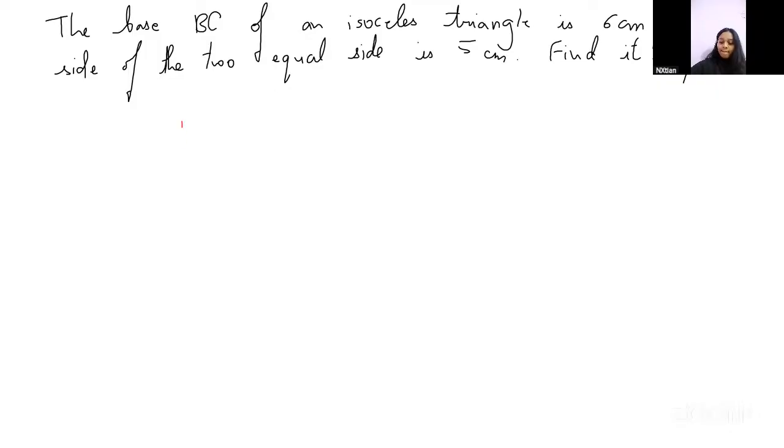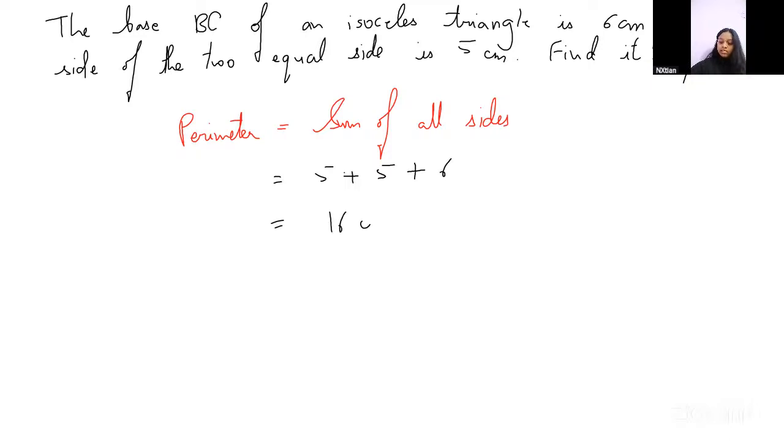So perimeter equals 5 plus 5 plus 6, which is P equal to 16 centimeters. That's right. Next question.